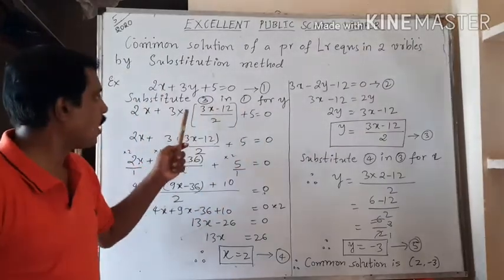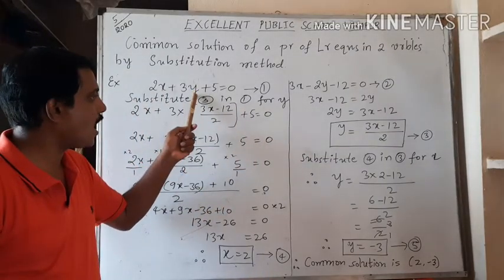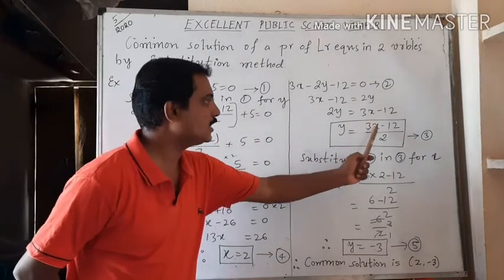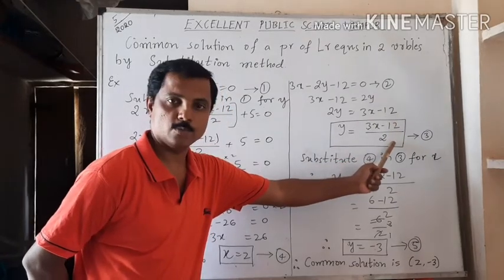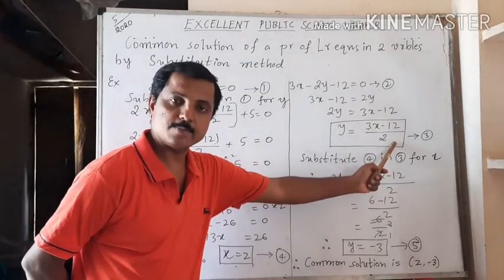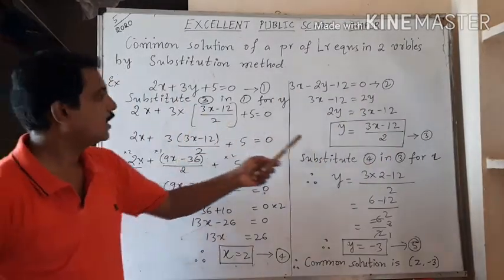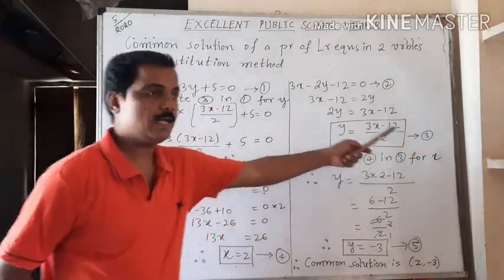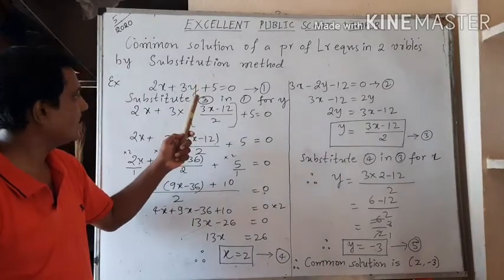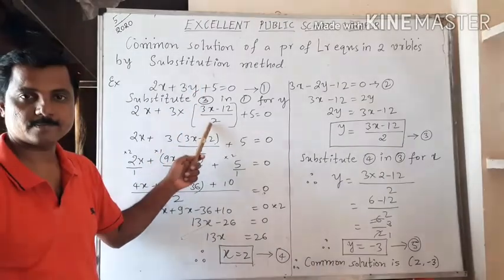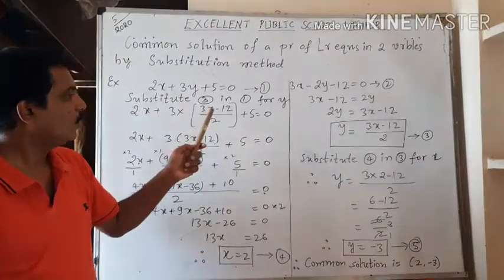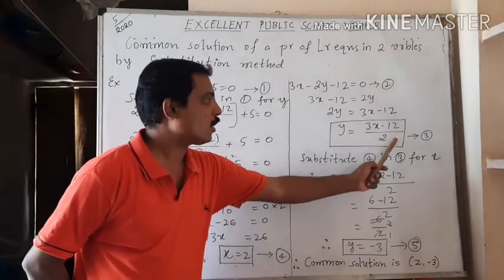In equation 1, instead of y, I put y is equal to 3x minus 12 upon 2. Okay? This is substitution. I substitute equation 3 for y in equation 1. Y is equal to 3x minus 12 by 2.